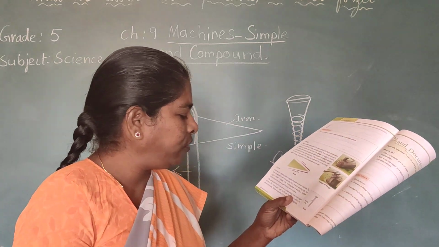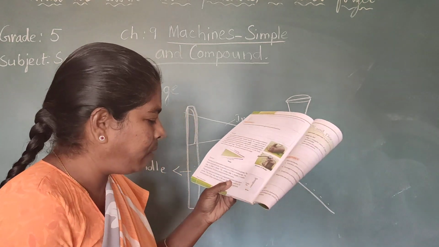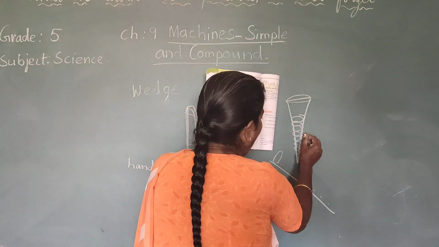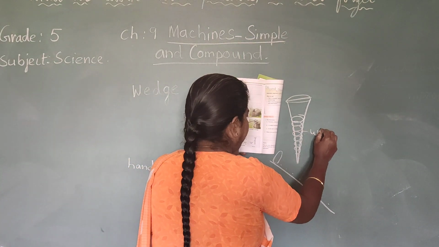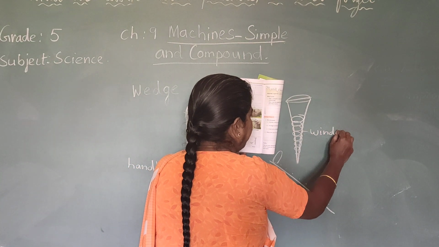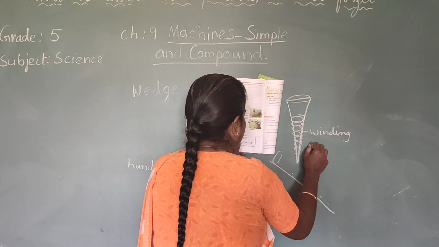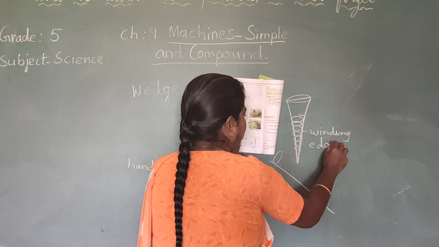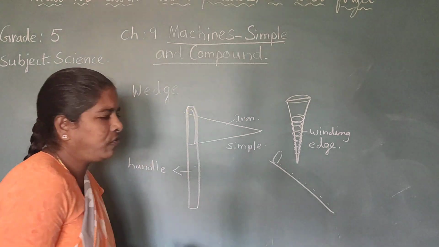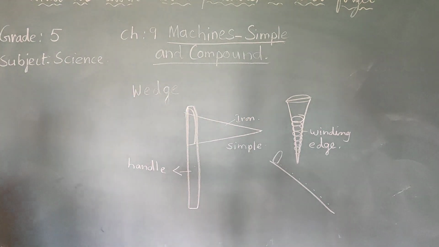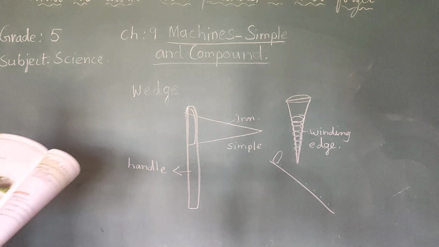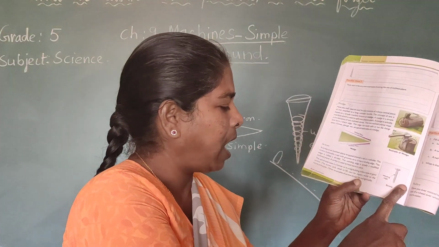This edge is called the thread. We call these winding edges, children. Winding edge. We will call it a winding edge. You can see that in your textbook also, children.